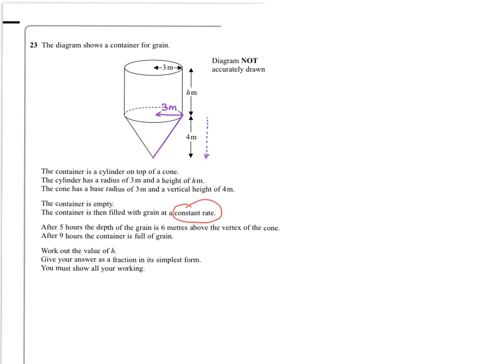So I think the first thing to do would be to work out just how much volume had been taken up after 5 hours. So we know it's 6 meters above the vertex, and this is the vertex of the cone. So we know after 5 hours we've got 2 more meters here. So the volume of a cone I remember as 1/3 of the volume of a cylinder that occupies the same space.